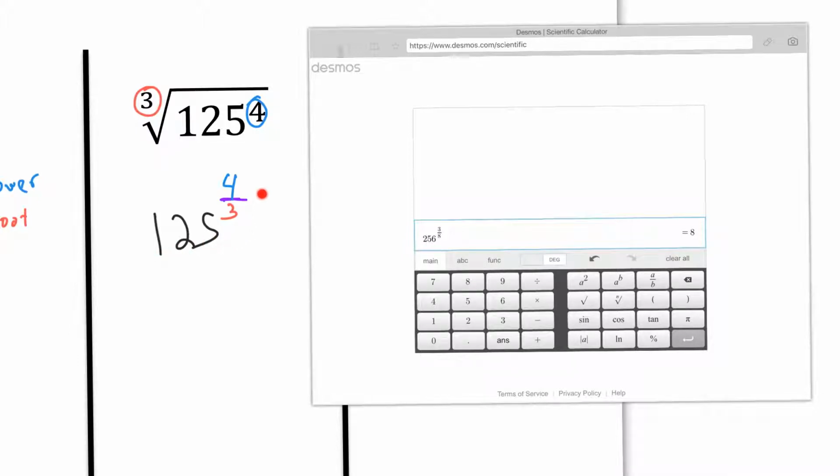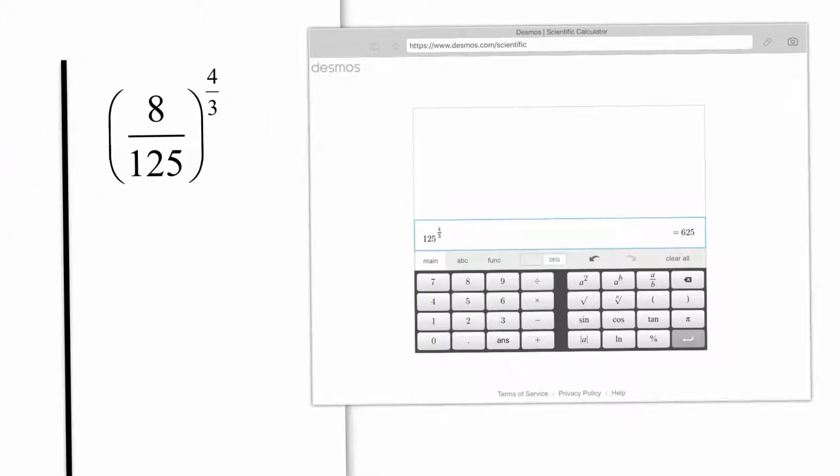Now, before I tell you what the answer is, this right here is your exponential form, and this one up here is called your radical form, because you do have a radical. But let's find out what the answer is. And the answer is 625.